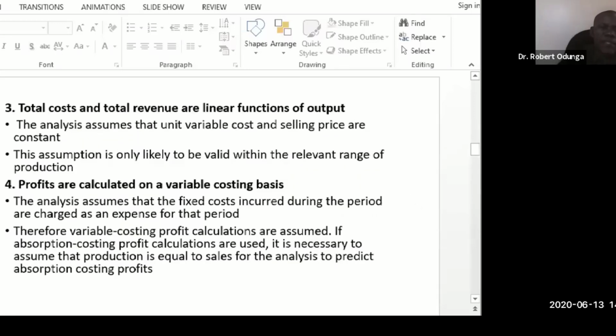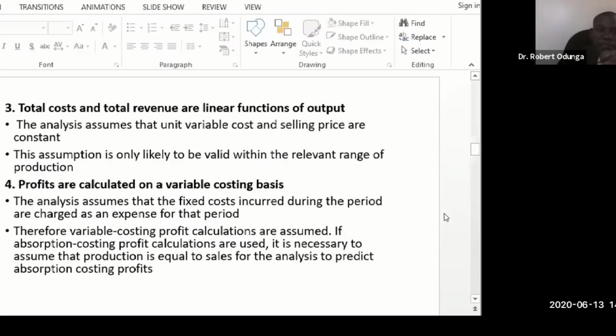Then number 3, total cost and total revenue are linear functions of output. So it's a linear kind of relationship. The analysis assumes that unit variable cost and selling price are constant, as we had mentioned earlier, because that can only work in the short run and not in the long run.